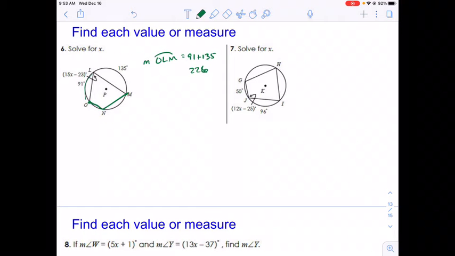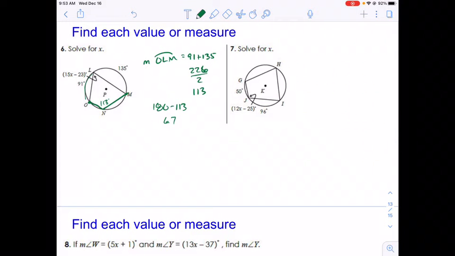Now, this arc it opens up to, so for this angle, we're going to take half of it, which gives us angle ONM. That's going to be 113. So this angle here is 113. Now we know these two should equal 180. So if you subtract 180 minus 113, that's going to give us 67.